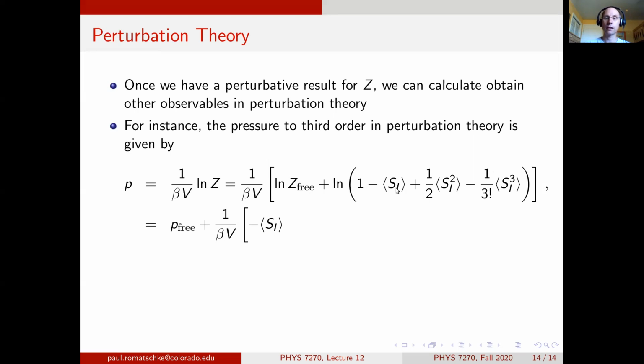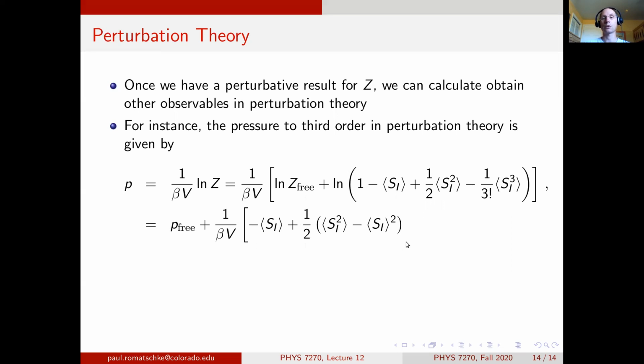Since these individual terms correspond to powers of lambda, lambda to the first power, lambda to the second power, lambda to the third power, we can again do an expansion of the logarithm of a power series as a power series in lambda. And we find the first order in perturbation theory for the pressure, P_0 plus 1 over beta V times minus S_I, from the expansion of the logarithm to first order.